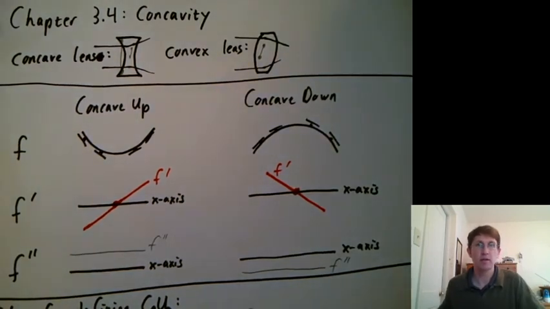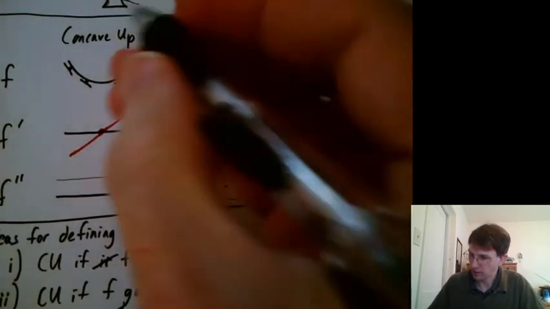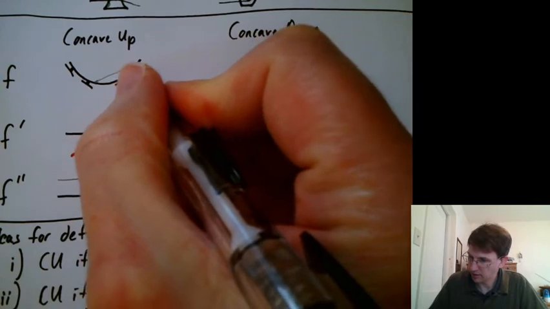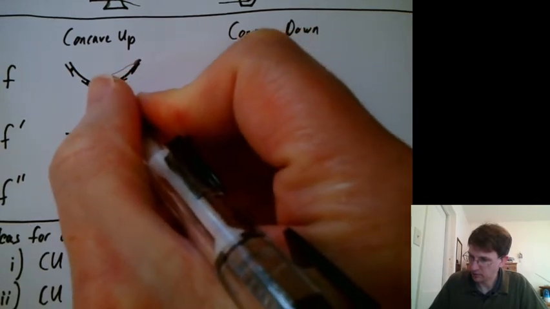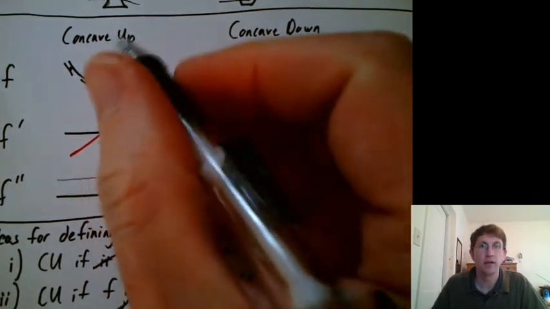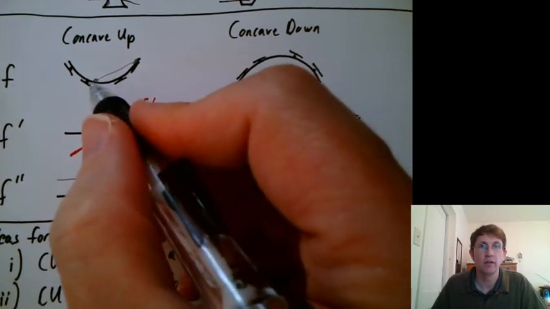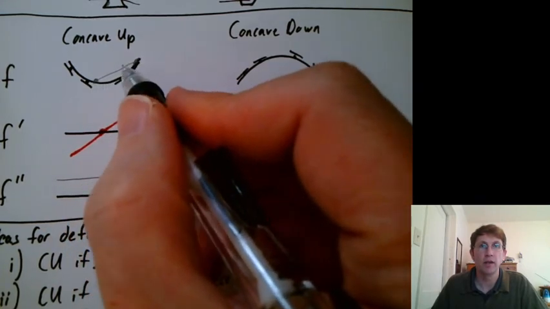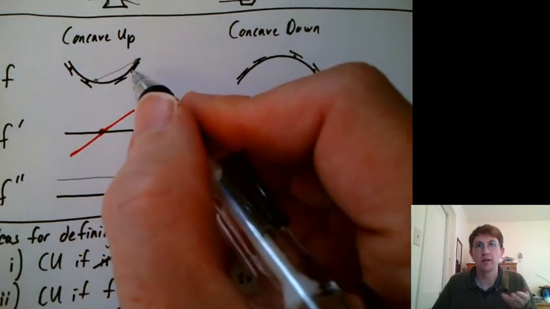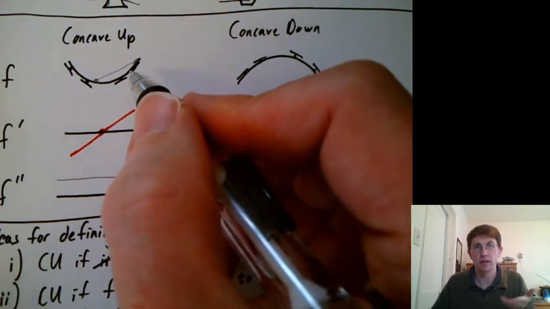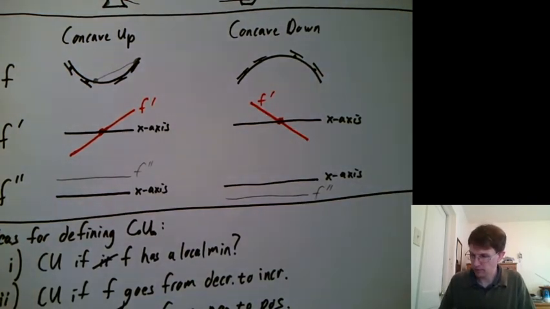So we could do the same idea here, but pick maybe a point here and a point here. So pick 2 points on the function, draw the line segment between them, and if that line segment stays on or above the function, then maybe we say the function is concave up.